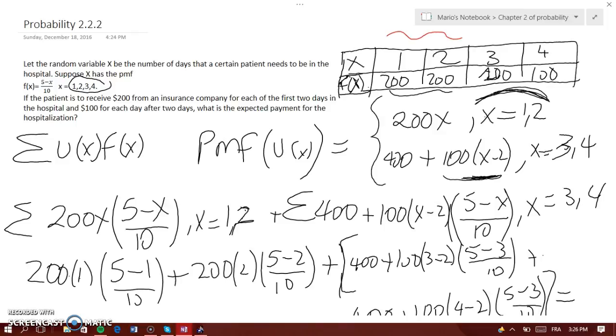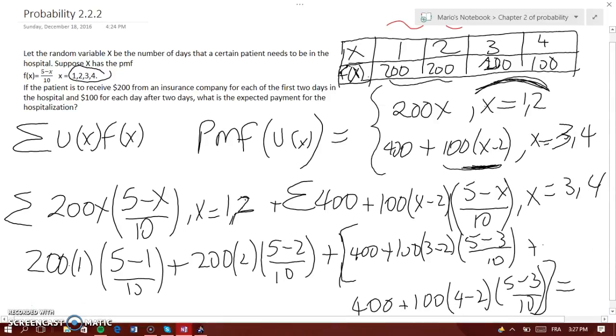And in the last 2 days, which is 3 and 4, we already have the first 2 days, so we have $400 already, plus the extra days we are going to spend. So I hope this now made sense if you didn't catch it the first time. I did my best to explain it in the easiest way possible.